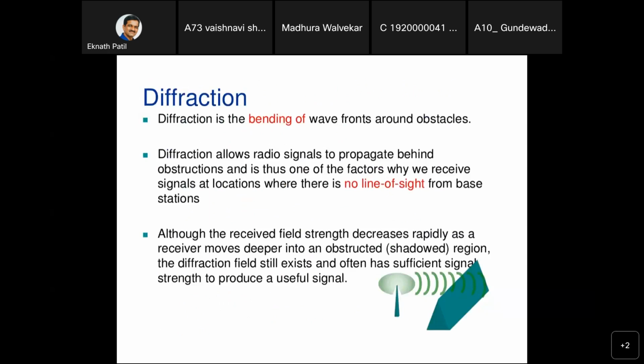Diffraction is the bending of the wave fronts around the obstacle. Diffraction allows radio signals to propagate behind the obstruction, and is thus one of the factors why we receive signals at locations where there is no line of sight from the base station.